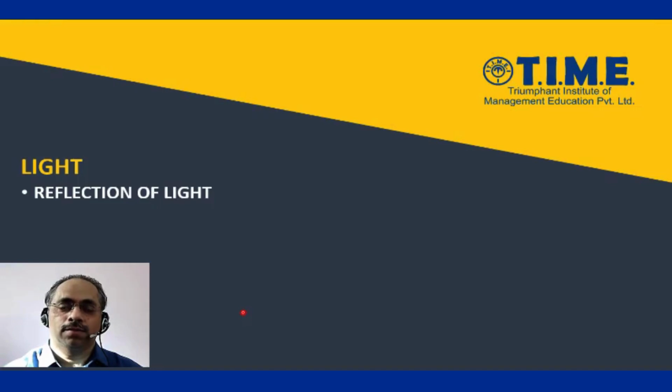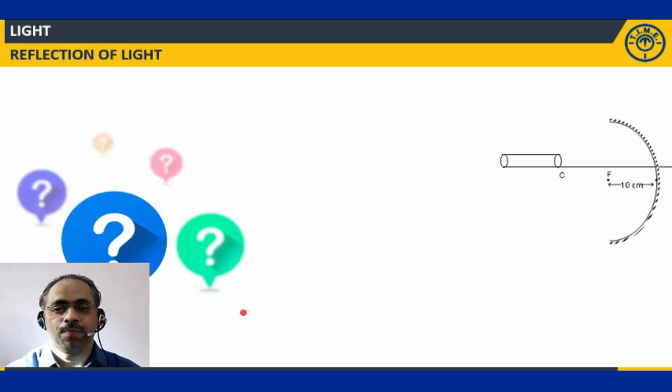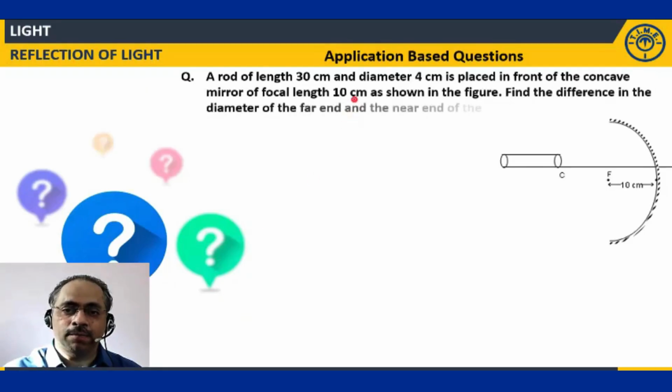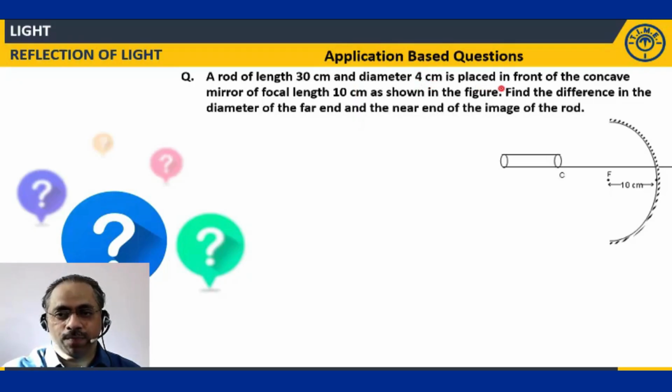Let us move on to the next set of questions, that is application based questions. So in this particular question, a rod of length 30 centimeter and diameter 4 centimeter is placed in front of the concave mirror of focal length 10 centimeter as shown in the figure. Find the difference in the diameter of the far end and the near end of the image of the rod.